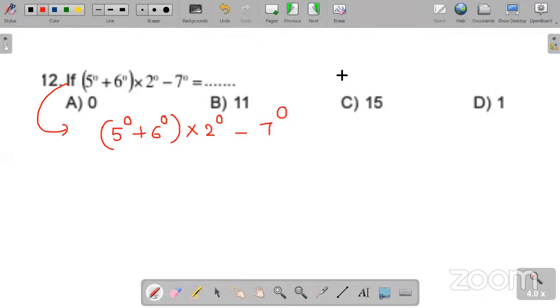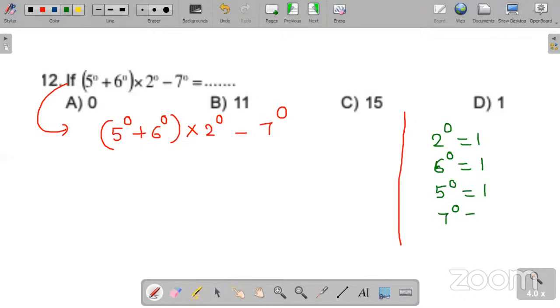Yes. Actually, see, my dear students, all of you, 2 power 0 is also 1. 6 power 0 is also 1. 5 power 0 is also 1. 7 power 0 is also 1. That means x to the power of 0 is 1. This is the formula we have.